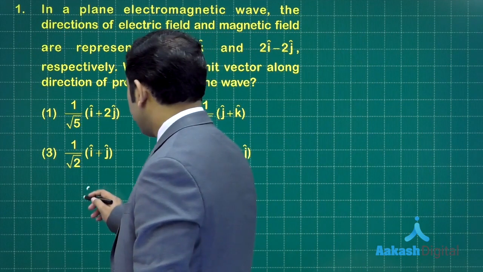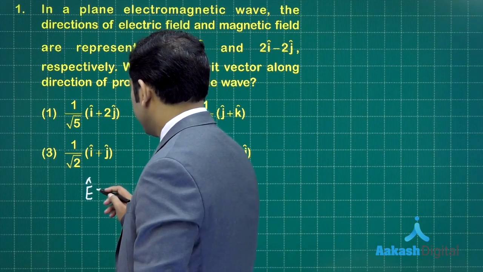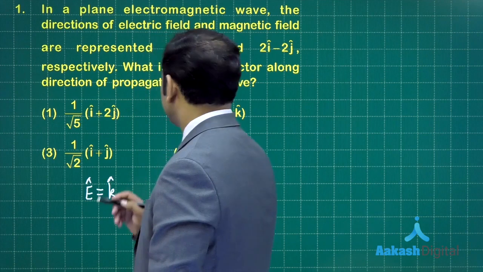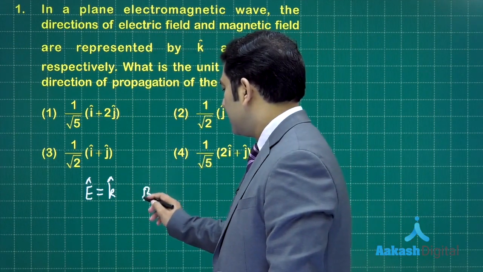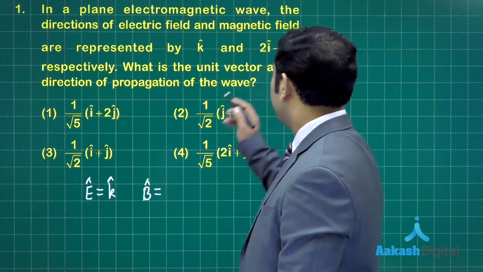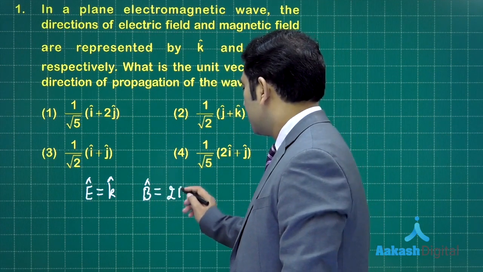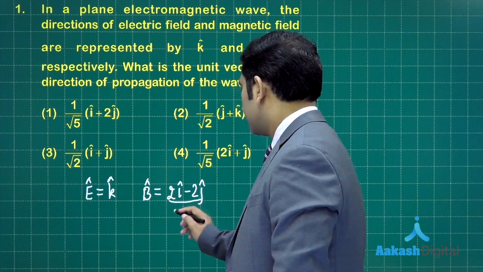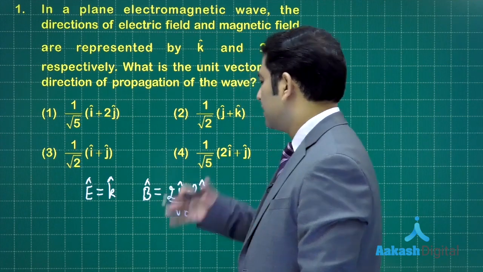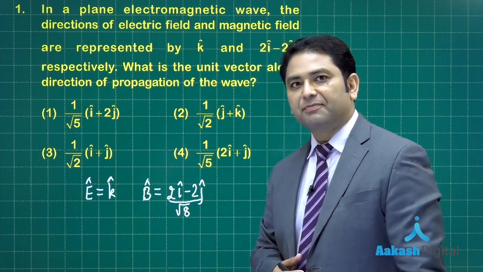The E cap, the direction of electric field, that is k cap, which is straightforward given there. Then the unit vector along the magnetic field, that's going to be 2i cap minus 2j cap divided by root of 8, or further 2 root 2, you can write that.